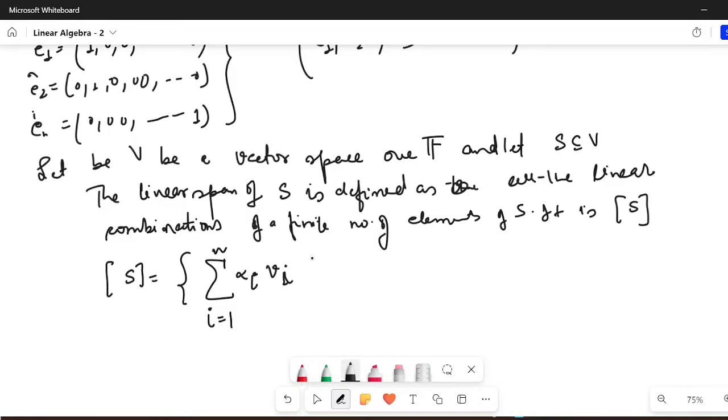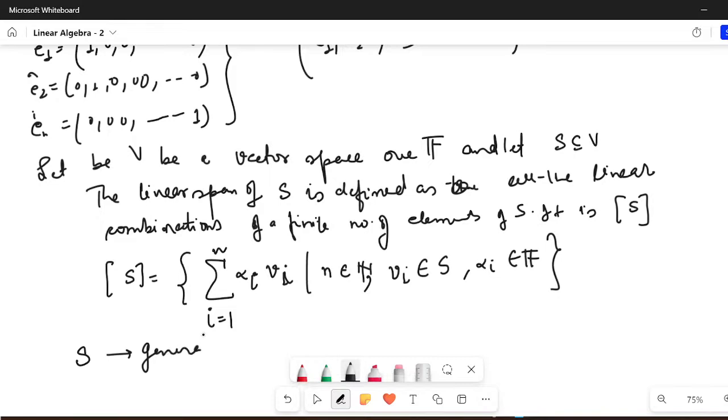And alpha i's belong to F. Okay, so this represents the linear span, and we say that S generates, that is, these are subsets of V, and these generate the total linear span. We actually say it this way.